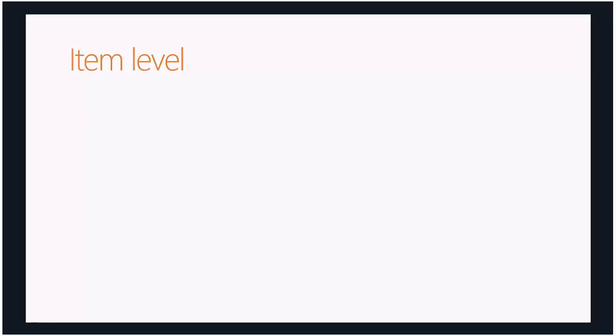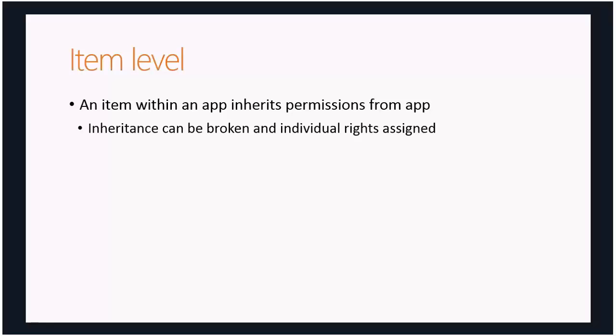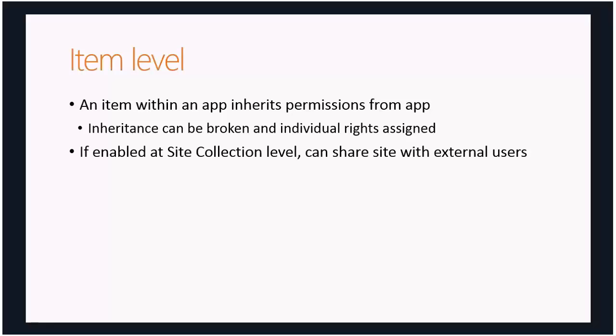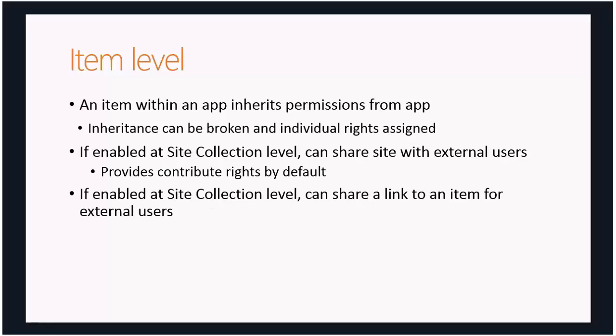And again, the same thing applies with individual items within the app. So for an individual document within a document library, you can control the rights that a user has, but remember by default it inherits those rights. Okay, so again, don't forget those items, if set to share, will be available to be shared by default to any external users.